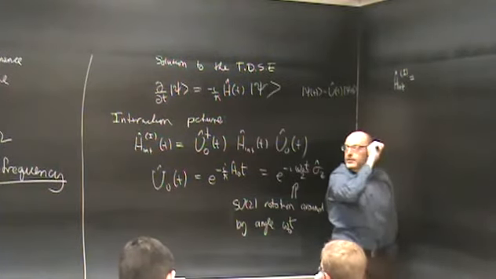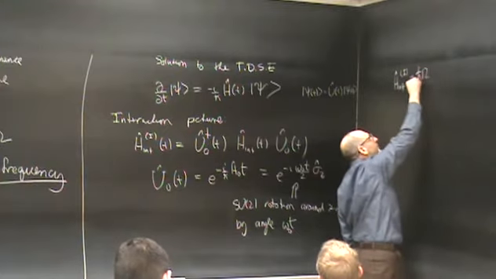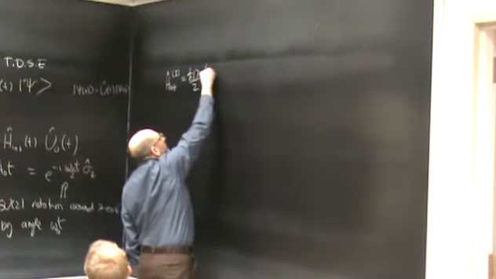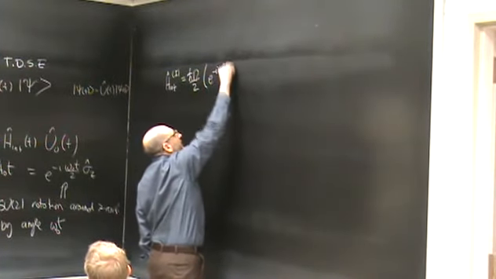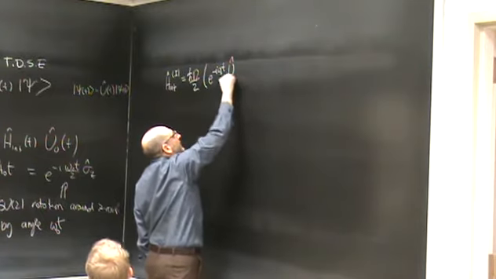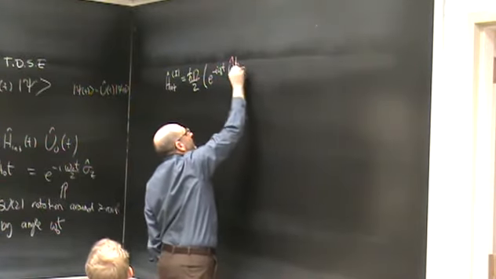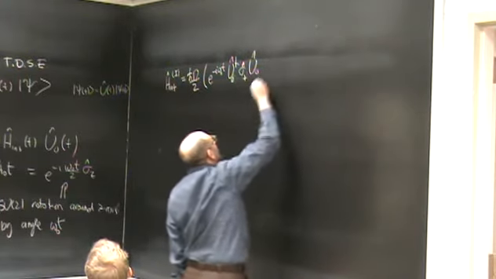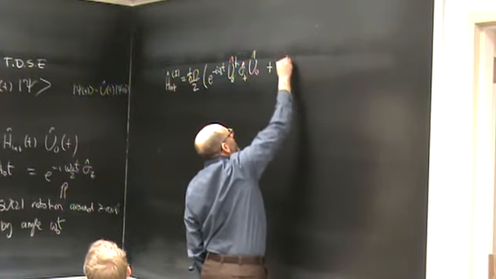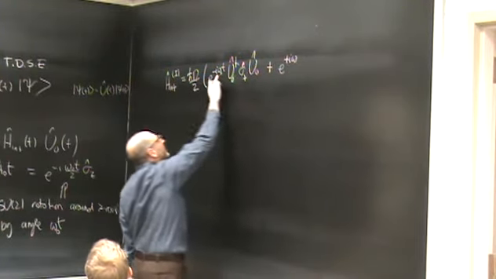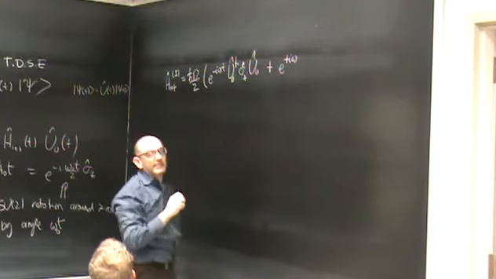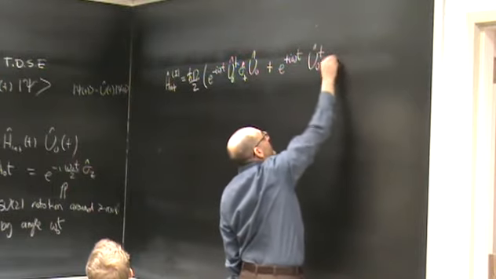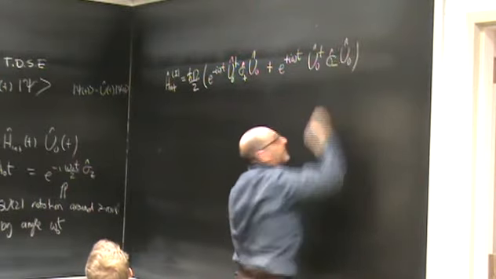So this would be equal, the interaction Hamiltonian is h bar times the Rabi frequency over 2, e to the minus i omega naught t U naught dagger sigma plus e to the plus i, oops, that's not omega naught, that's omega, sigma minus, right?